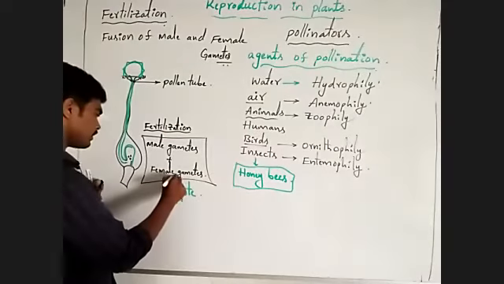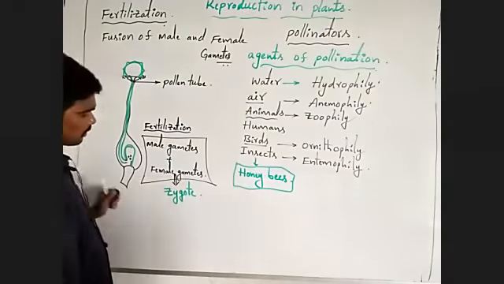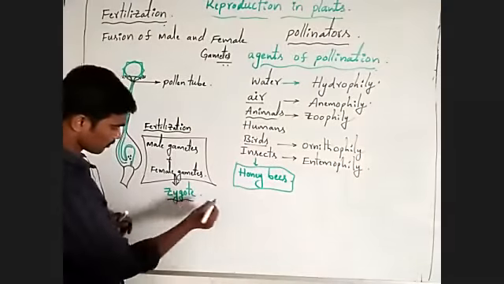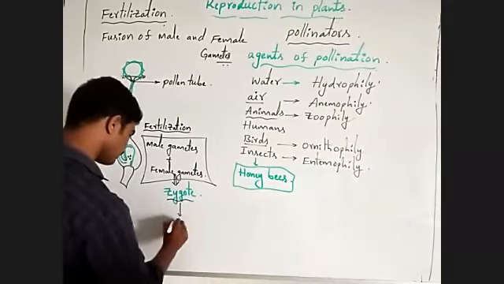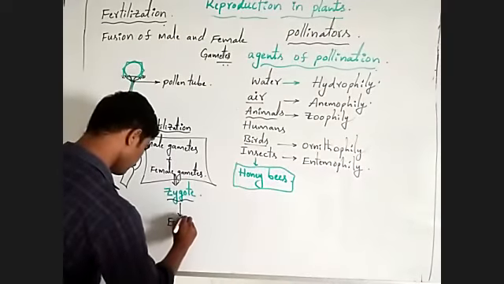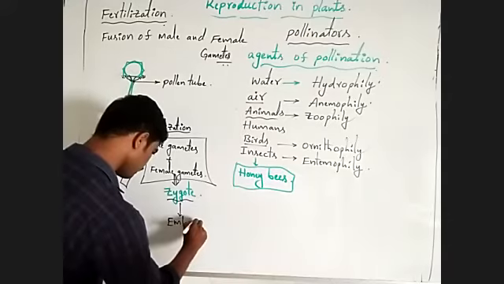After the fertilization process, the zygote is formed. From the zygote, the embryo develops.